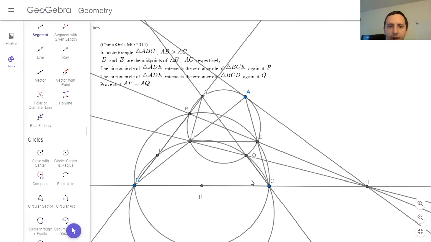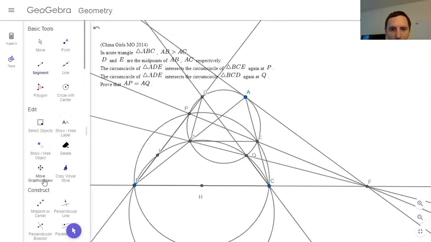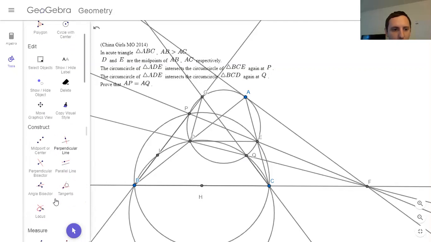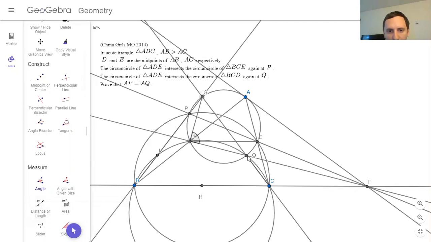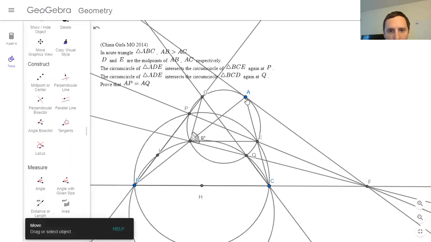Is GQ a diameter of this circle? I think it is. No.